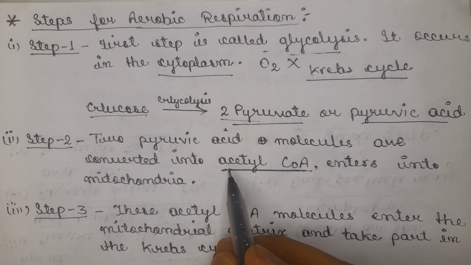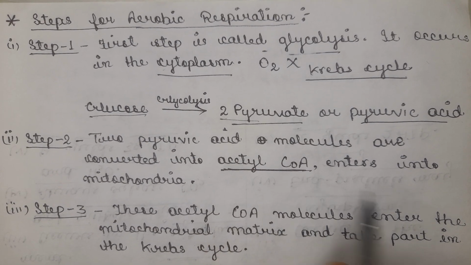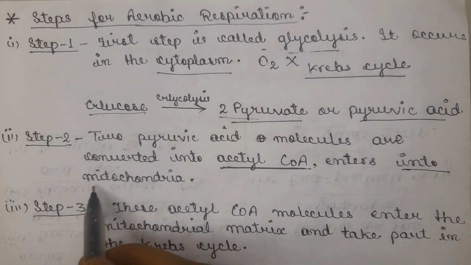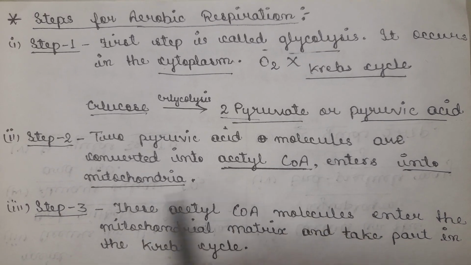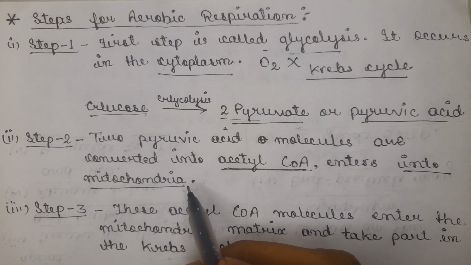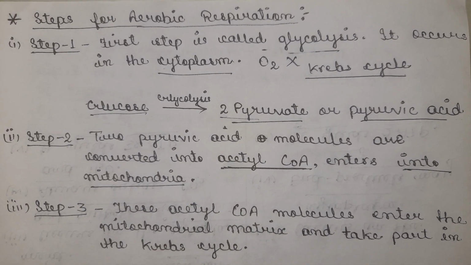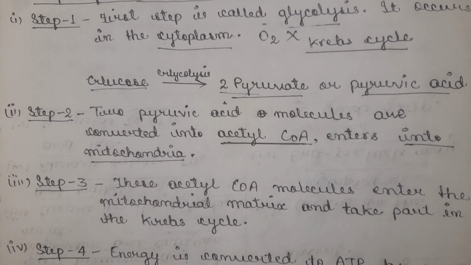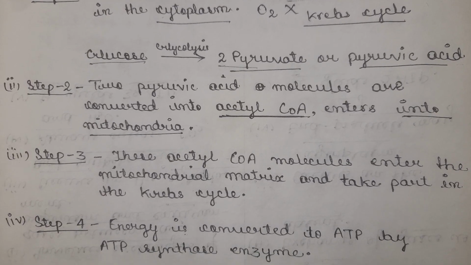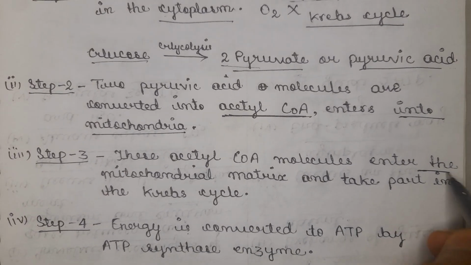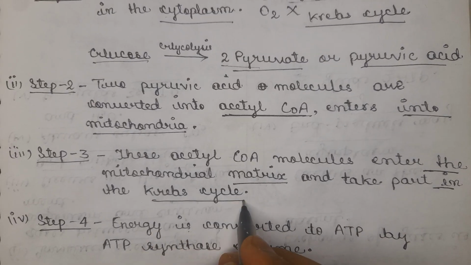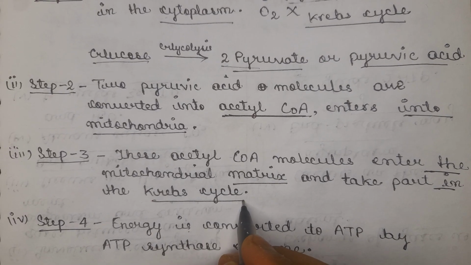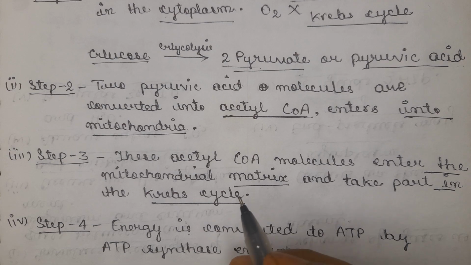It enters the mitochondria for the further reaction. Now in the third step we will understand how these acetyl CoA molecules enter the mitochondrial matrix and then take part in the Krebs cycle, which is another process that occurs during the steps of aerobic respiration.